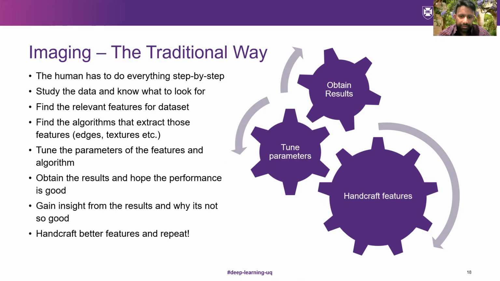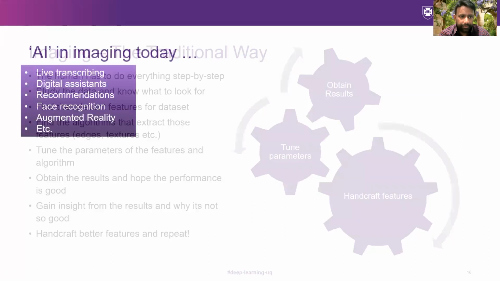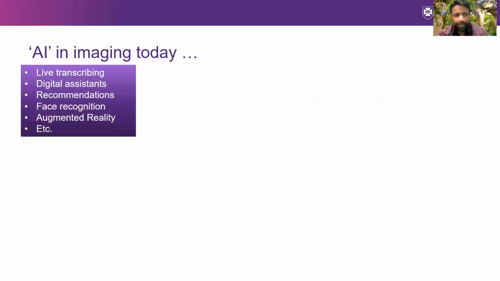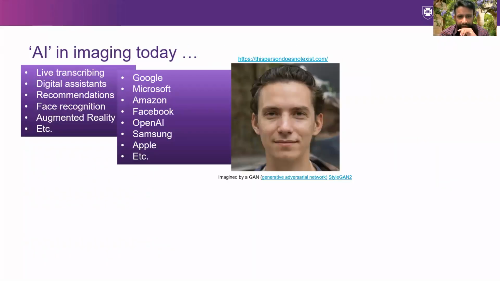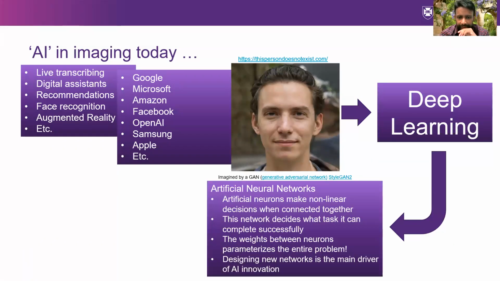If we're studying, say, the hip and the hip joint, the bones and the cartilage within it, it took me years to understand the data and the features required to get a good result. But what about what happens today? This is our usual case. Here's deep learning, and here are the advantages we talked about. Artificial neural networks make it non-linear.